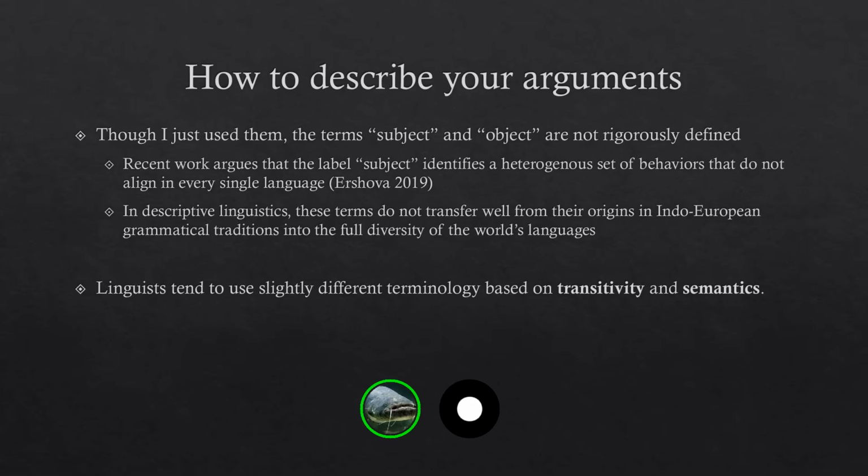So we're going to avoid, excuse me, the words subject and object, ideally, and use slightly different terminology. First of all, so we have a clean slate in labels, and second, to emphasize that we're not talking about this grammatical tradition from certain languages, but about these notions of transitivity and semantics. Semantics being essentially meaning, and transitivity we'll talk about now.